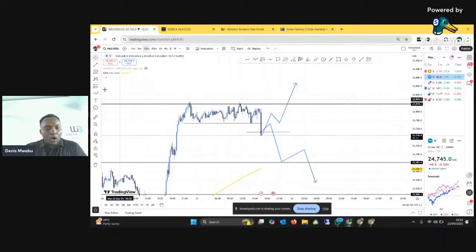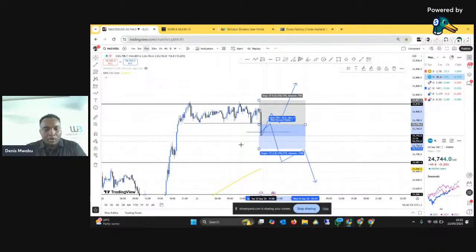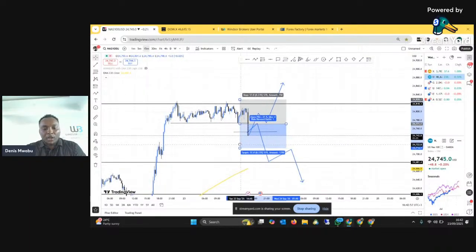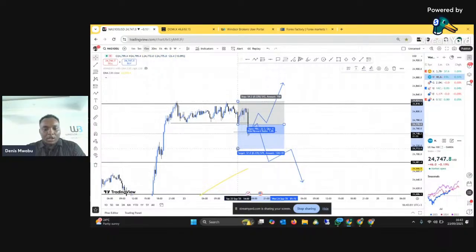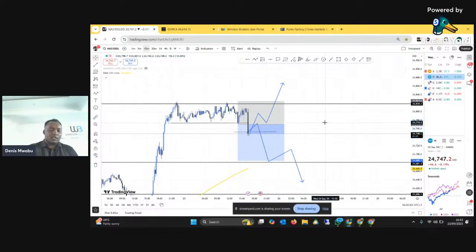So if you are on this breakout, because it has just broken out, you're going against the trend. Guess what? You'll become the liquidity, 100%. So you'll rather wait.